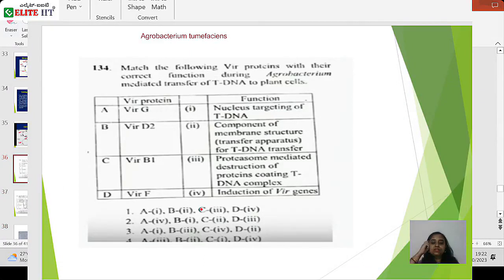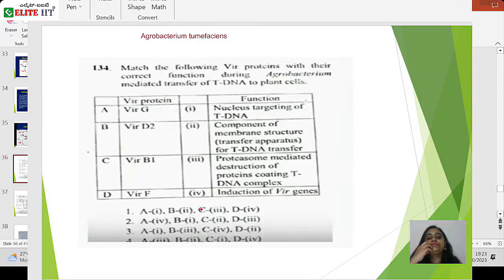Now tell me, is it possible for you to do this? Match the following proteins with their correct function during Agrobacterium mediated transfer of tDNA to plant cells. I told you, na, from that table you will get a question. Hmm.